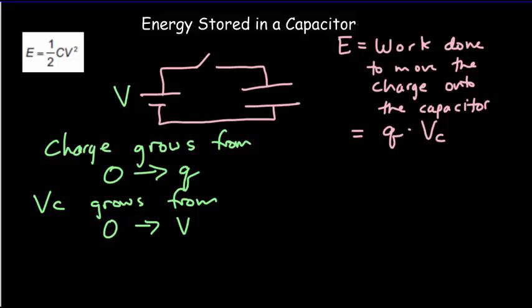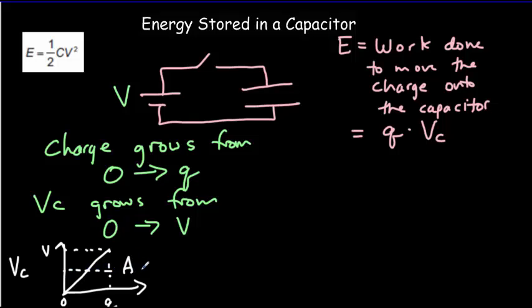Now, if we make a simple assumption here, and we say that VC grows from 0 to V as the charge grows from 0 to Q, and if it does so in a linear manner, then the average capacitor voltage would be equal to the battery voltage divided by 2.